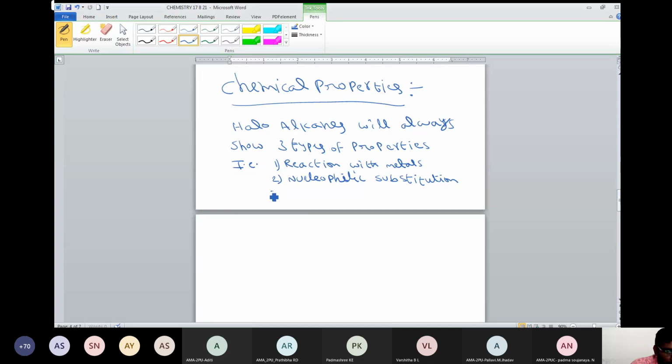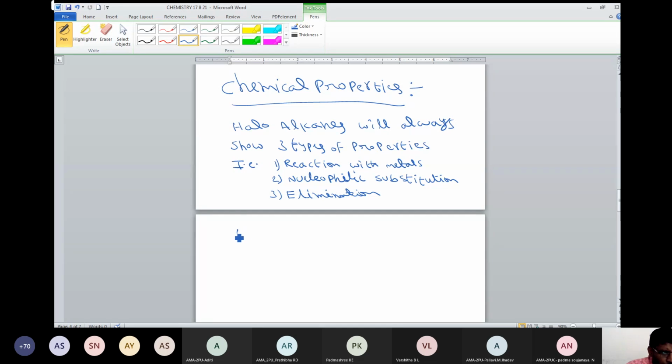Third one is elimination reaction. Total how many types of reaction will be shown by haloalkanes? Haloalkanes show three types of properties. First one is reaction with metals, second one is nucleophilic substitution, third one is elimination. One by one we'll see.